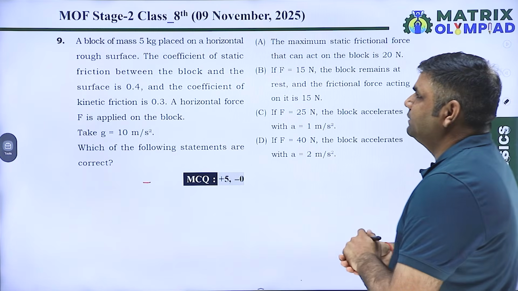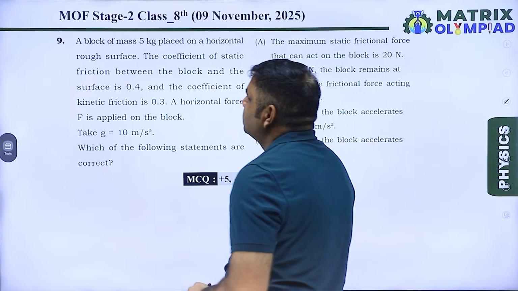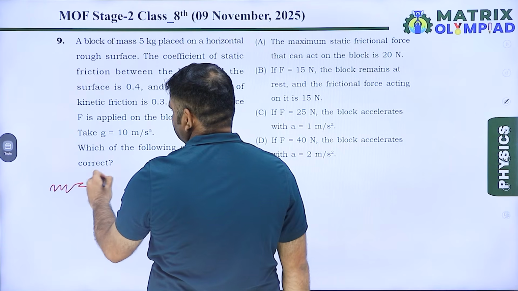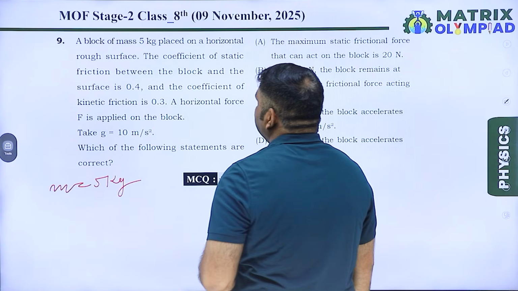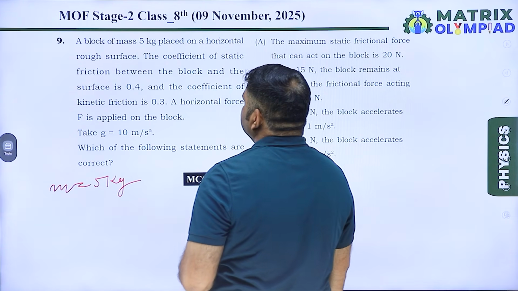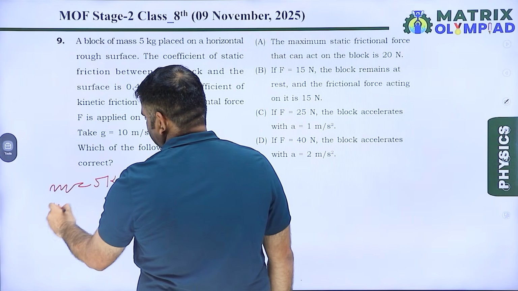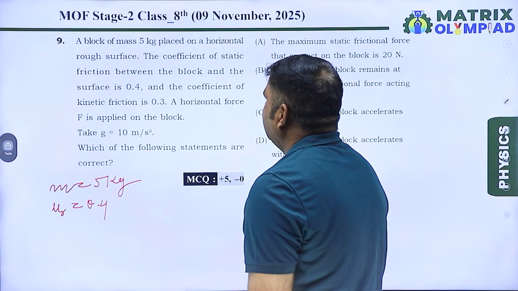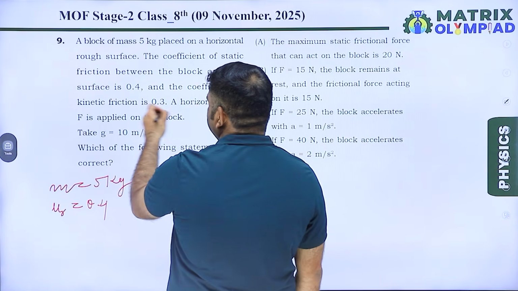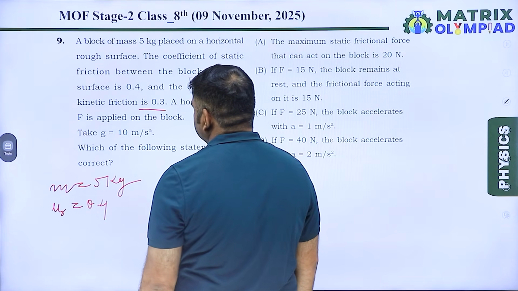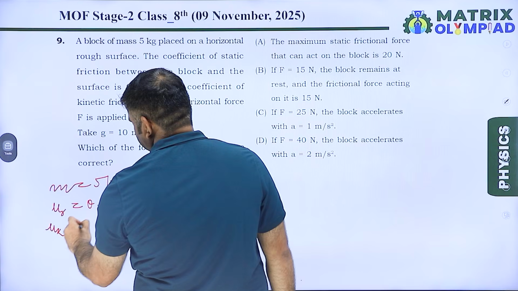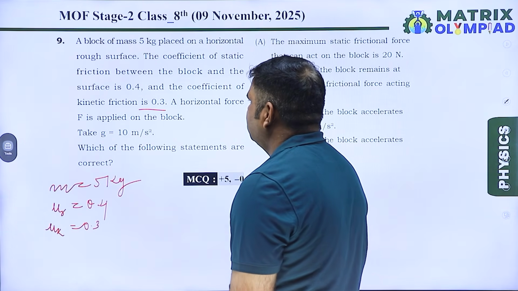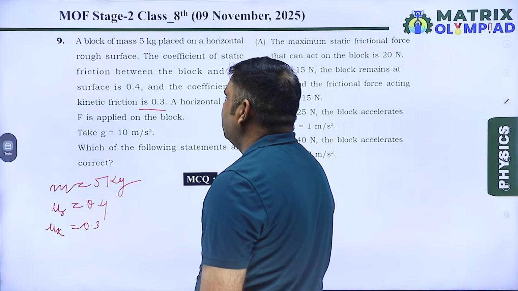Move to the next question, that is question number 9. In question number 9, a block of mass m is 5 kg placed on a horizontal rough surface, the coefficient of static friction mu of s is 0.4 and the coefficient of kinetic friction mu of k is 0.3. A horizontal force F is applied on the block. Take g equal to 10 meter per second square.